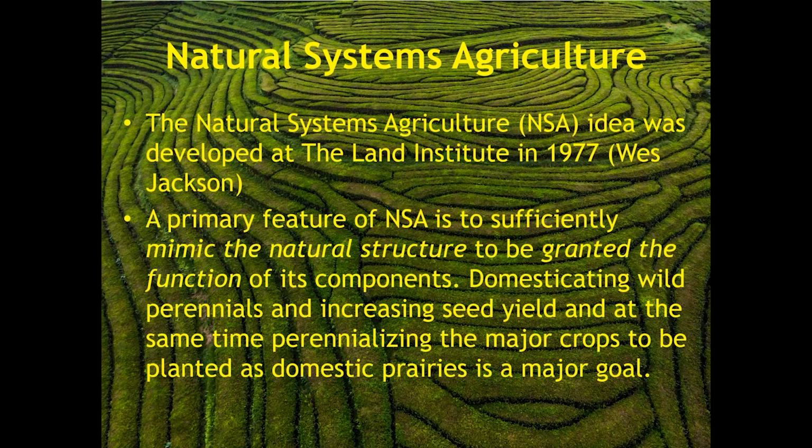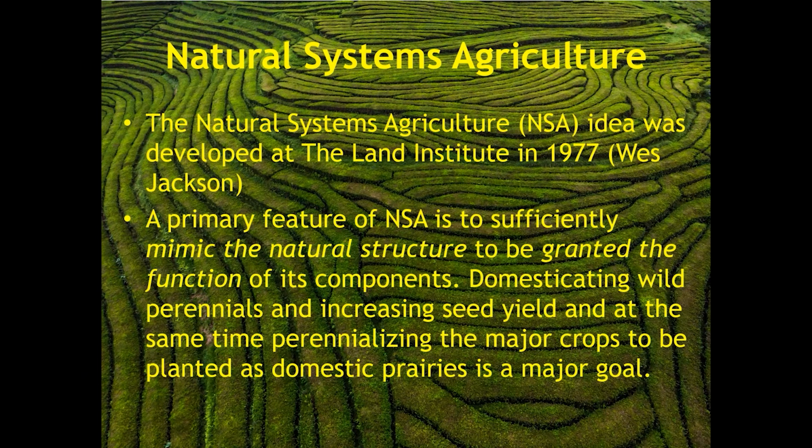Now, another form of ecological agriculture that I found in literature is natural systems agriculture, and there is something synonymous called nature-based solutions. This is a little different in terms that it is a system defined by the Land Institute in 1977, and there's a paper by Wes Jackson on natural systems agriculture. So it seems the main feature of natural systems agriculture is to mimic the natural structure and function of farming system.